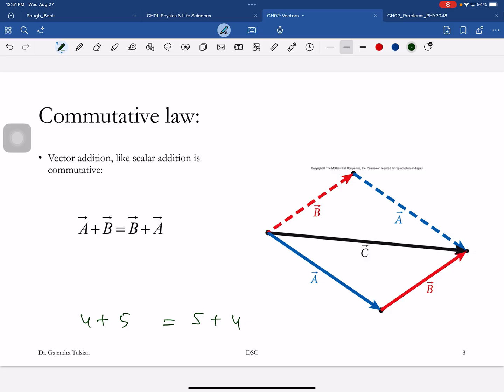You want to know if that's true for vectors, and it turns out that it is. The technical term for that is commutative law under addition. Here in diagrams is A plus B, and this is B plus A. The answer is the same. This is the property we are verifying.